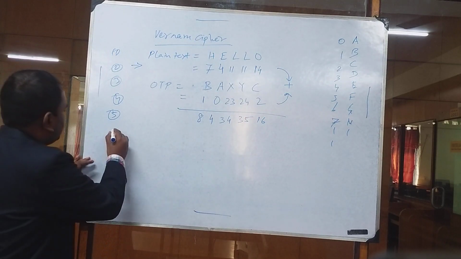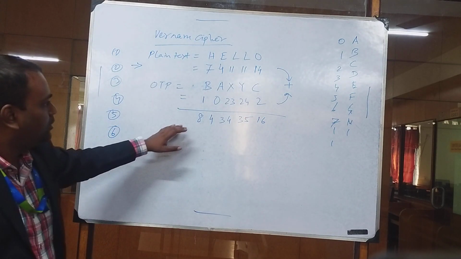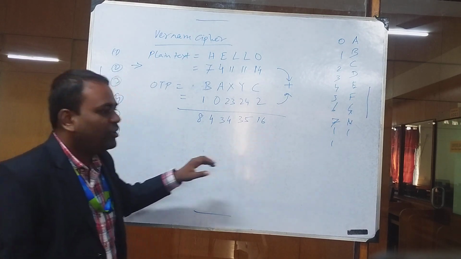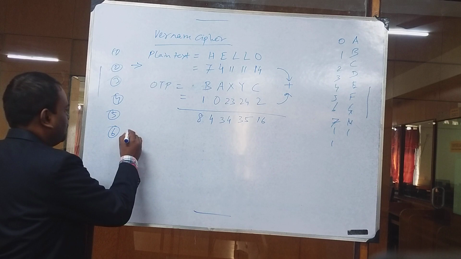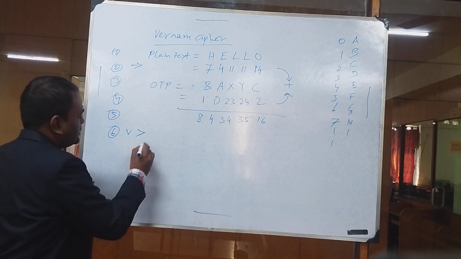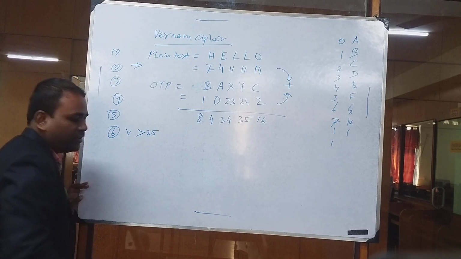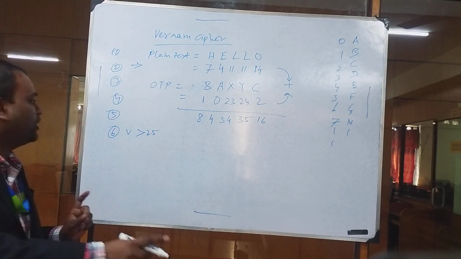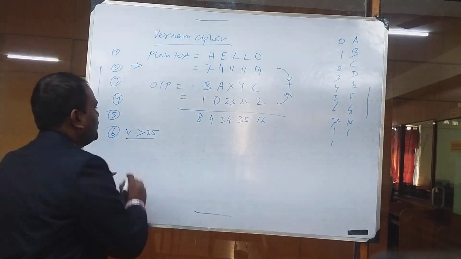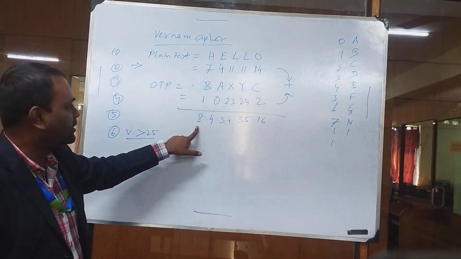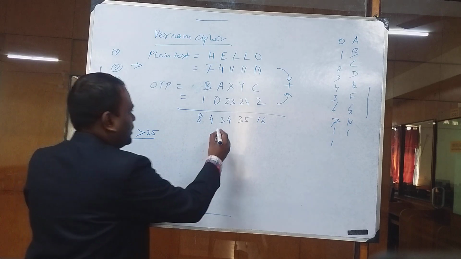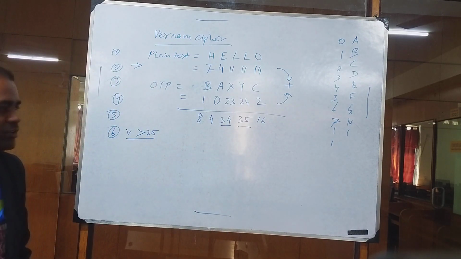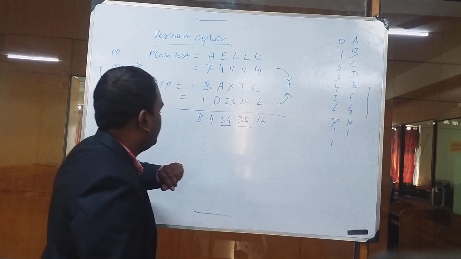In the sixth step, we have to check which of these values is greater than 25. Not equal to 25, it should be greater than 25. So 8 is not greater than 25, 4 is not greater. 34 is greater than 25, 35 is greater than 25. As you can see, 16 is less than 25.